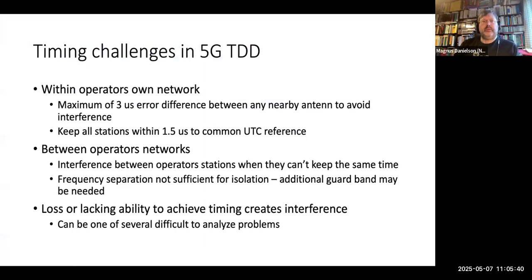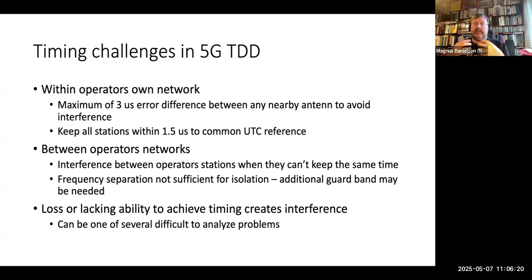So I start off with, for those who don't know, some of the timing challenges we have in 5G TDD. It's important to remember that in TDD, you have phase alignment and not only frequency as with many of the previous mobile networks. The first thing you need to do is within the operator's own network, you can have a maximum of 3 microsecond error difference between any nearby antennas to avoid interference.